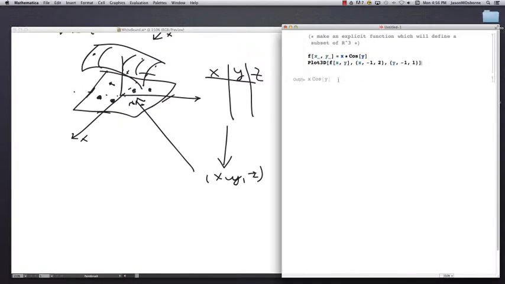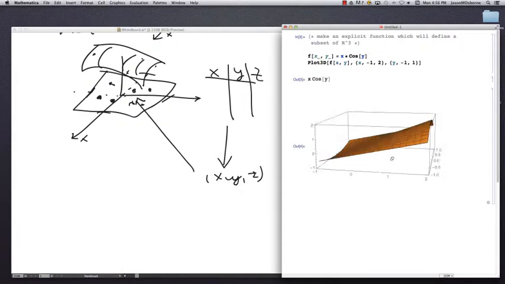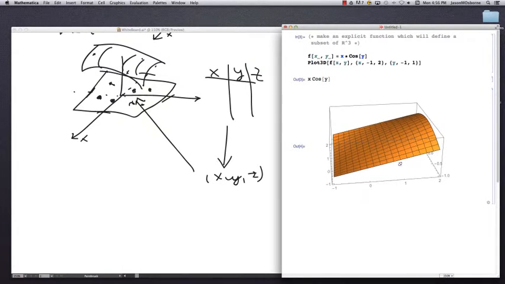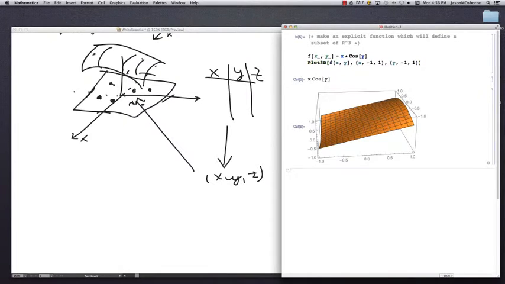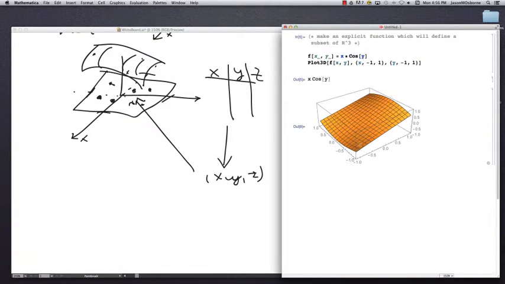What does that surface look like? Well, you just have to hit Shift-Enter after you've typed this. And here is what the plot looks like. Oops, let's go from -1 to 1. So the x values go from -1 to 1, and the y values go from -1 to 1.